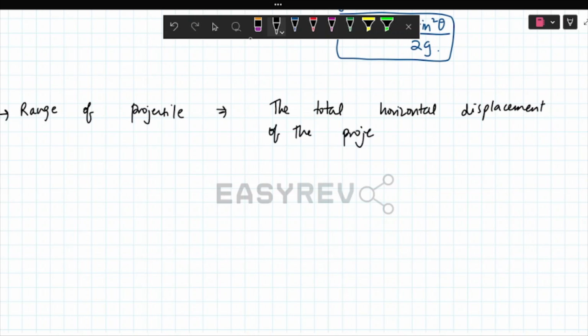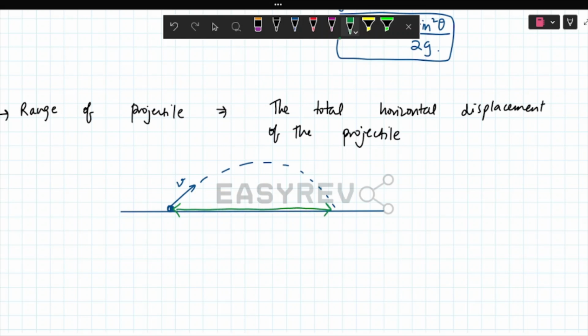That can be drawn once again as follows. You can take the same path like so, same projectile v tilted like so, with the following kind of parabolic path, and this time the range would be the total horizontal path like so.